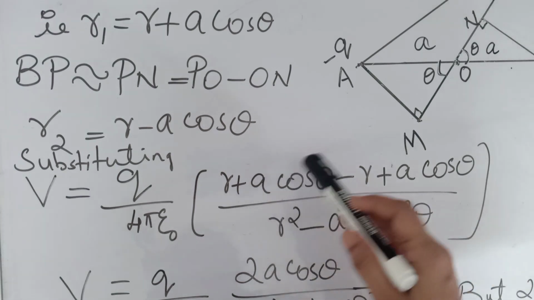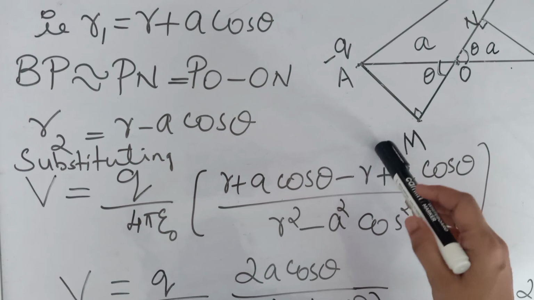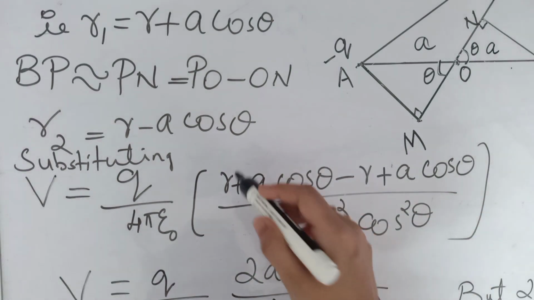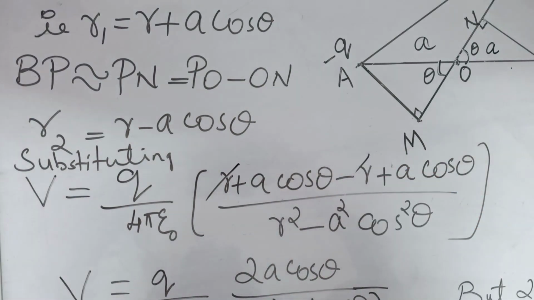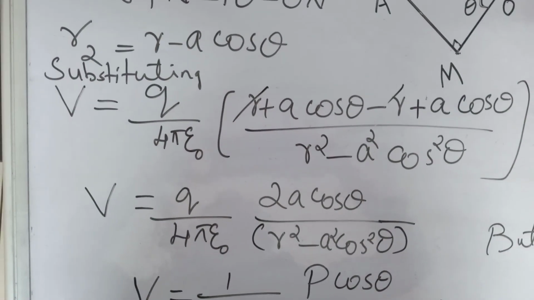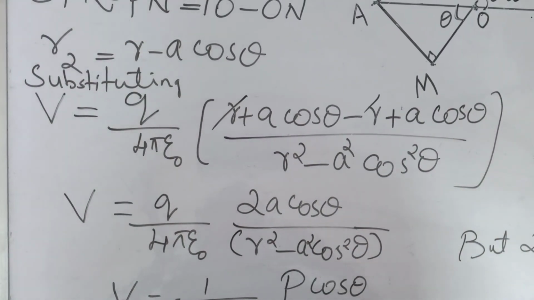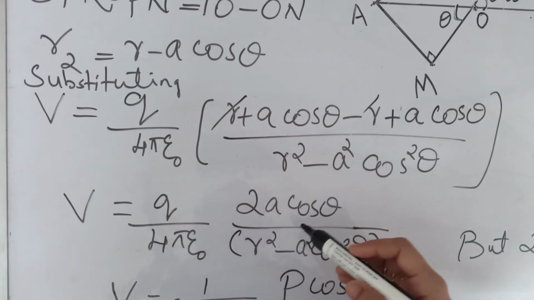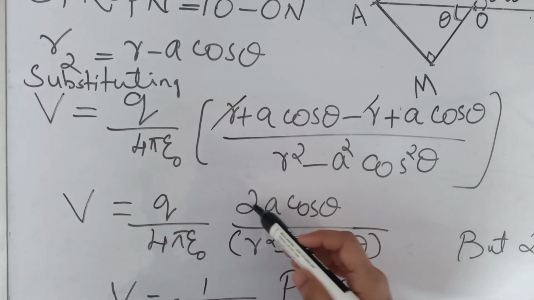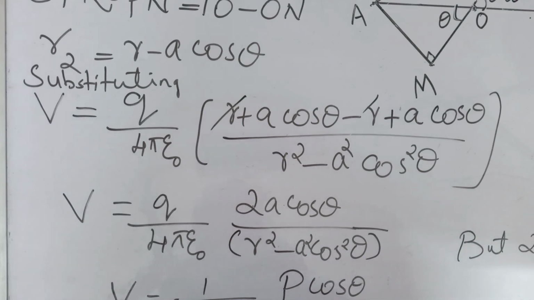Now we can simplify this. Here this R and R will get cancelled. Then what is remaining? Here we can see V is equal to Q by 4 pi epsilon 0, 2A cos theta divided by R square minus A square cos square theta. And again we can give one more substitution here. Here this 2AQ, what is 2AQ? That is P, the dipole moment, right?